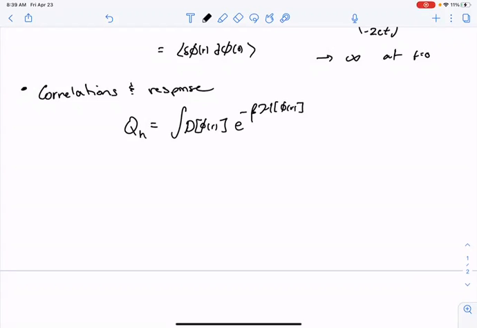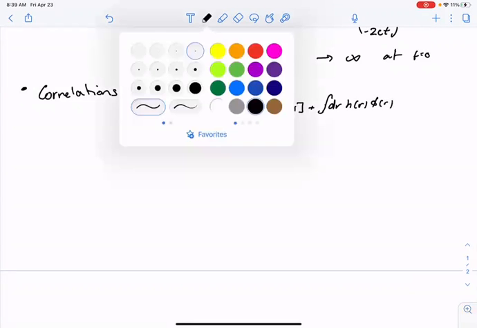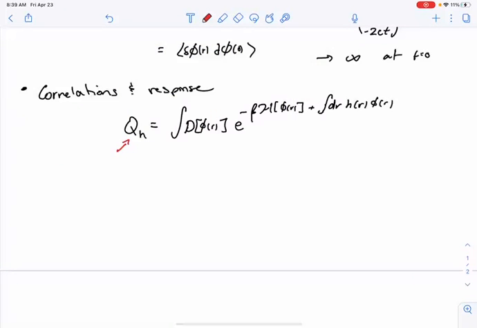And in the presence of an external field that might itself vary through space, we'd have this additional term. So this is the partition function in the presence of H.